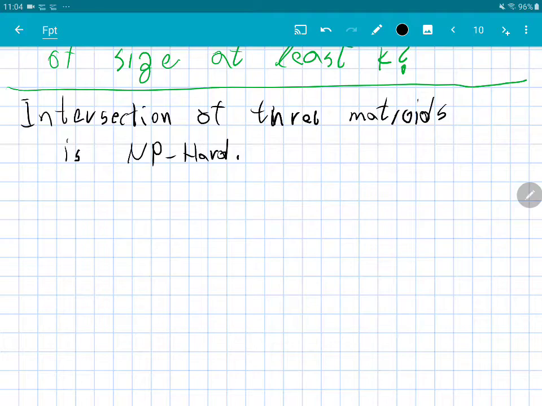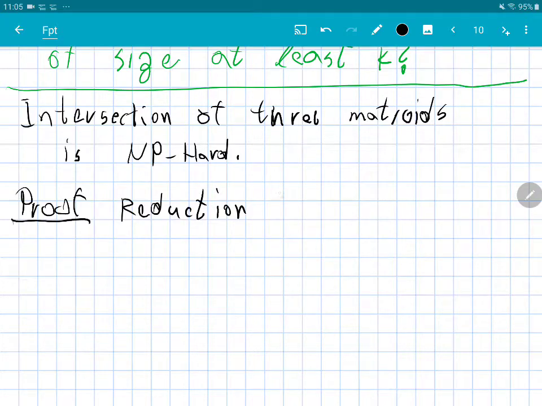The trick, the reduction, is to Hamiltonian paths. Hold on, it's stated as a claim. So the proof is a reduction. So you need a reduction from Hamiltonian paths in a bipartite graph.